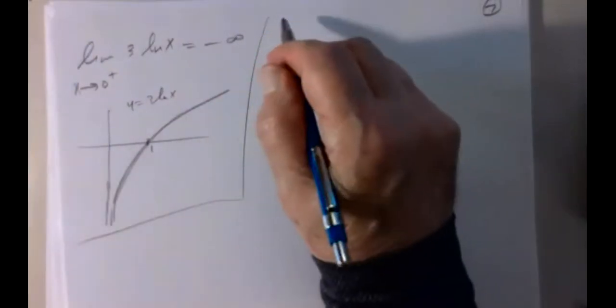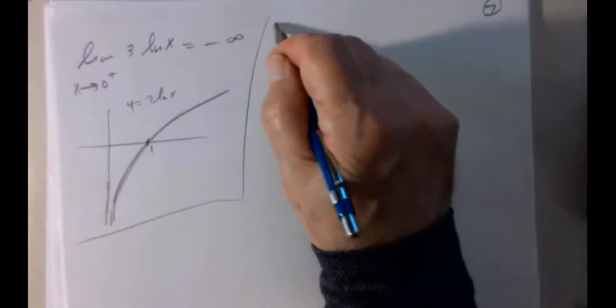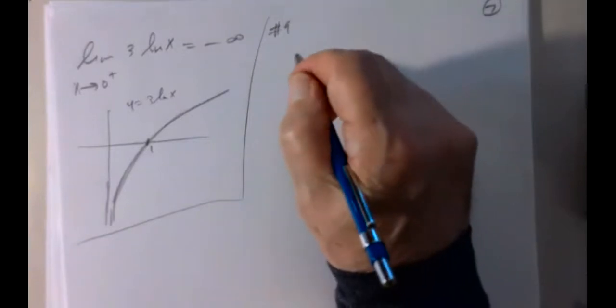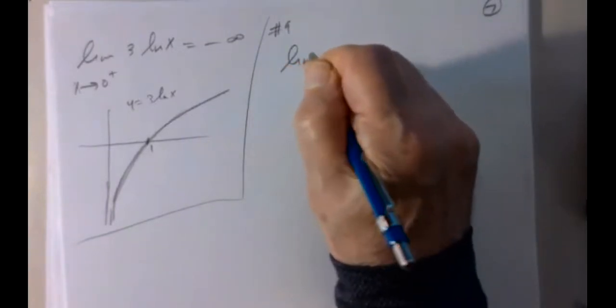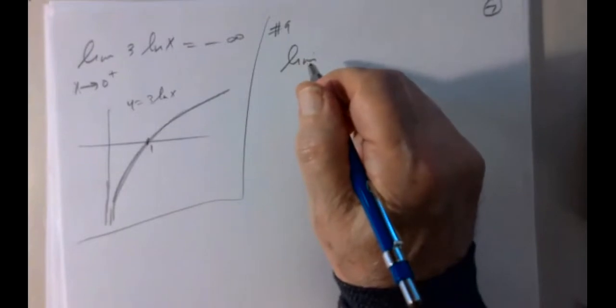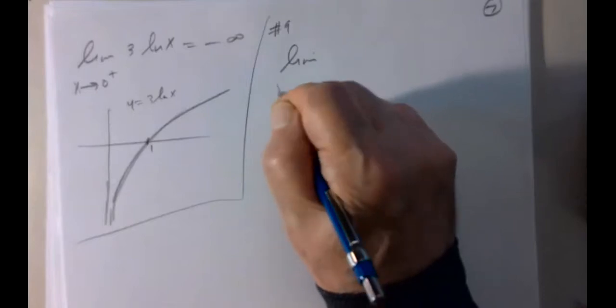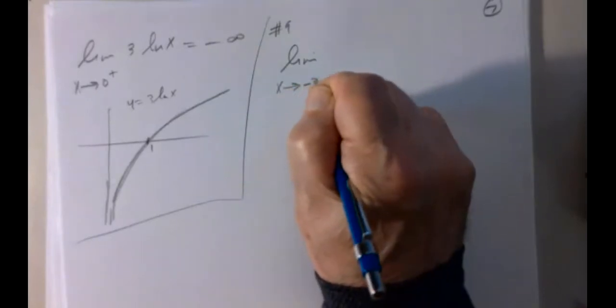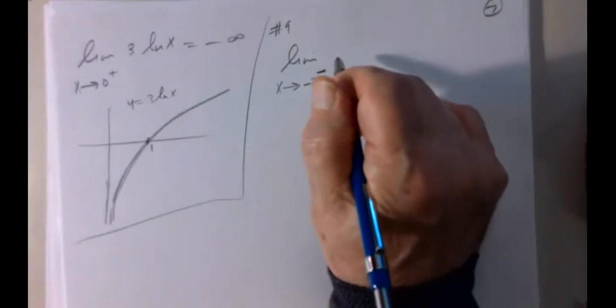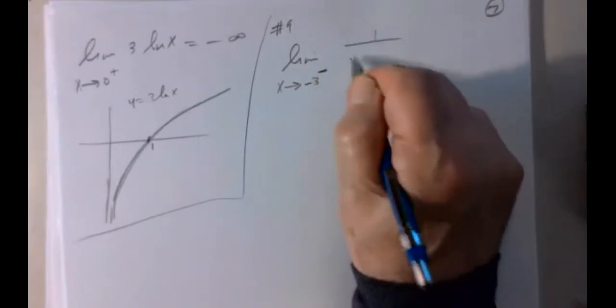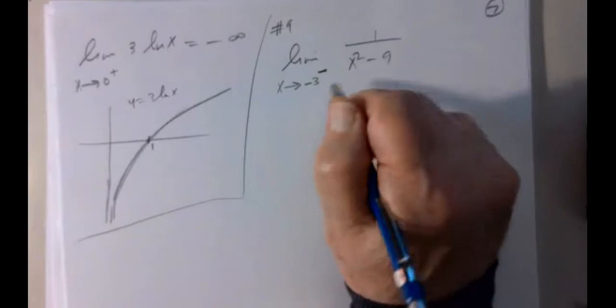So here's a problem. This is actually number 9 in the homework. Find the limit as x approaches minus 3 from the left of the function 1 over x squared minus 9.